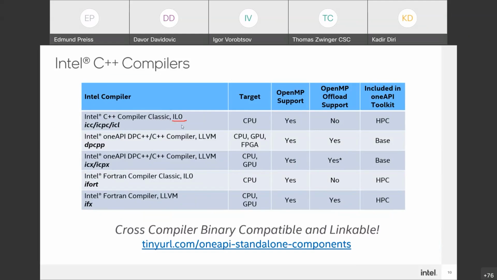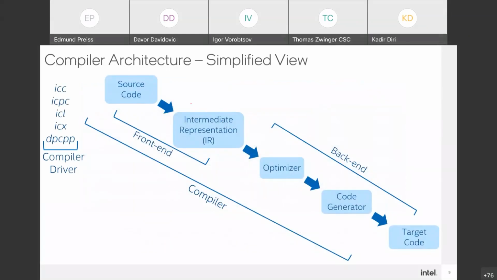And if we go back to this slide, this means that we were generating our own IR, the IL0 IR. We had a proprietary optimizer and code generator. And nowadays we are reusing some parts here from LLVM. I would say the majority of the code is coming from the open source Clang project.